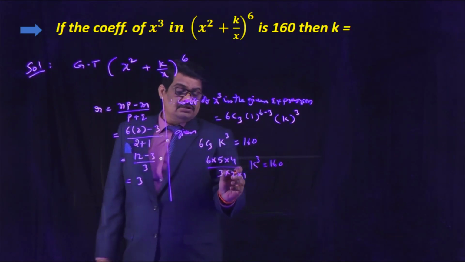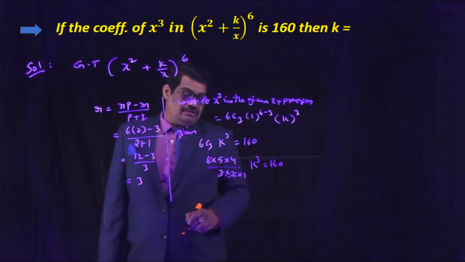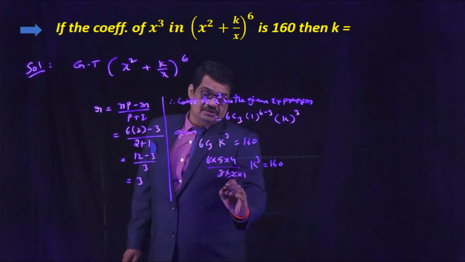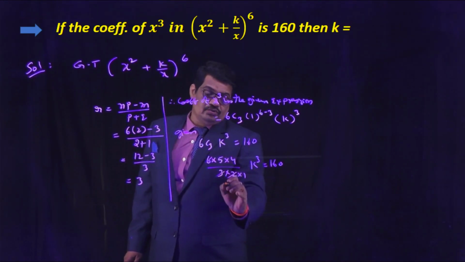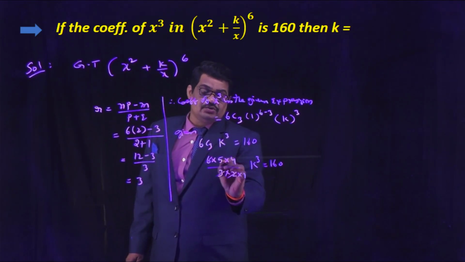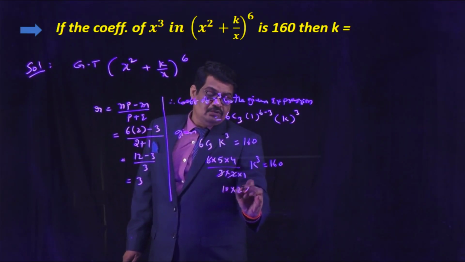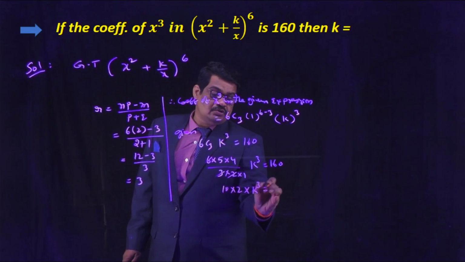So that is 3 into 2, 6, that will be cancelled. Here that is 5 into 2, 10. 4 can be written as 2 into 2. That is we are getting 10 into 2 into k cube is equal to 160.